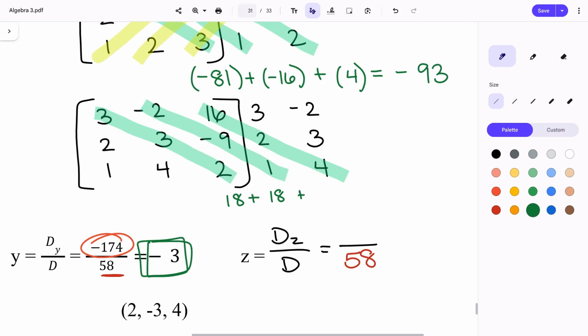Plus, okay, so if we add those all together, should be 164, I believe.